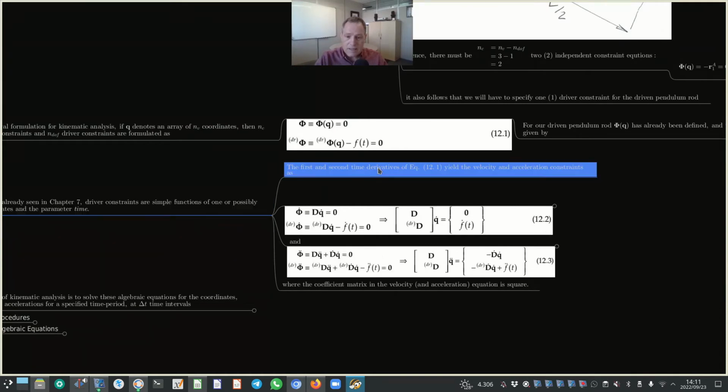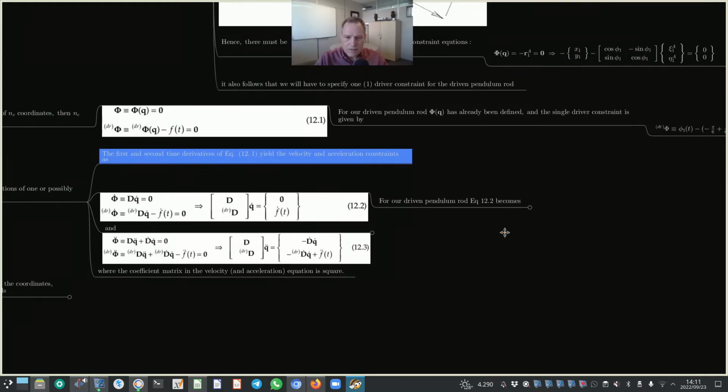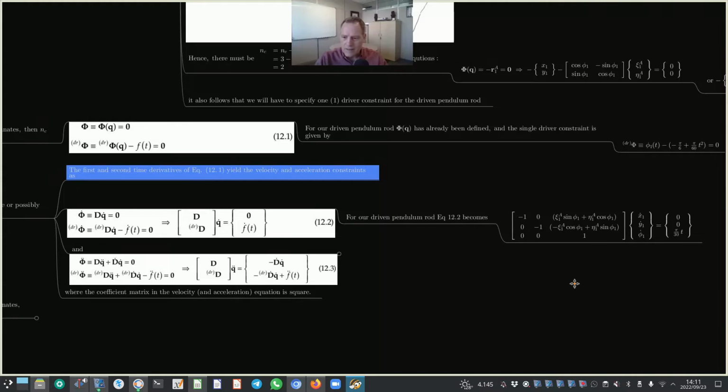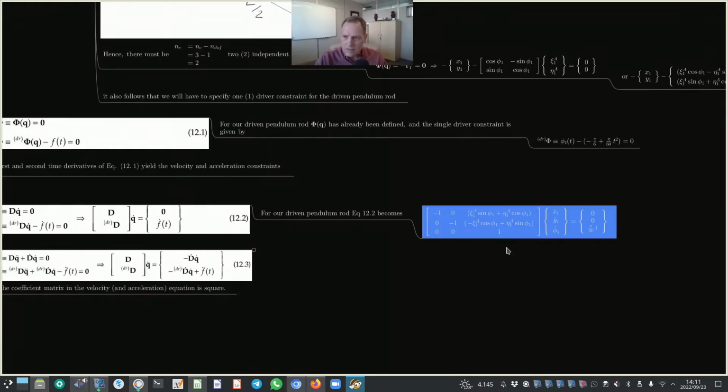The first and second time derivatives of equation 12.1 yield the velocity and acceleration constraints, and that's what you see here in equation 12.2, and equation 12.3 yields the acceleration constraint equations. So for our driven pendulum, equation 12.2, the velocity constraints become what you see over here.